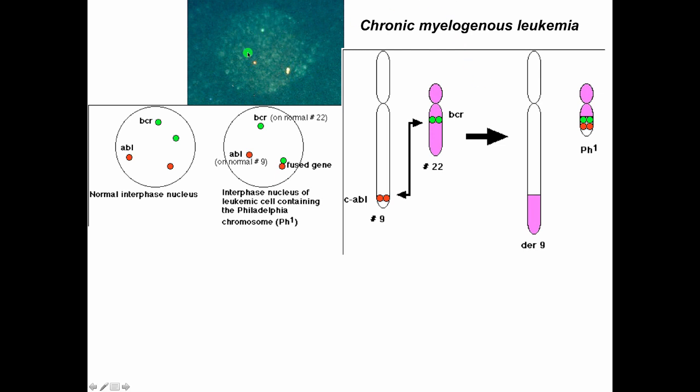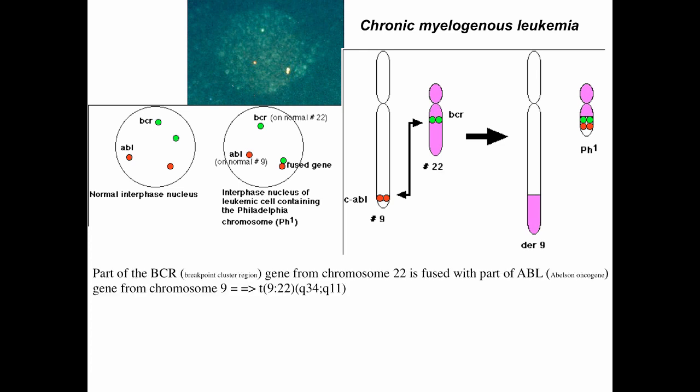Here's an example of that condition with fluorescence in situ hybridization, and here is showing the Philadelphia chromosome with the fused Abl oncogene product. Basically, part of the breakpoint cluster region from chromosome 22 is fused with part of the Abelson oncogene on chromosome 9.